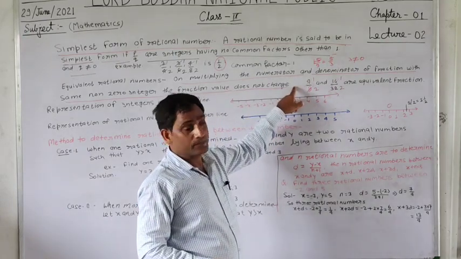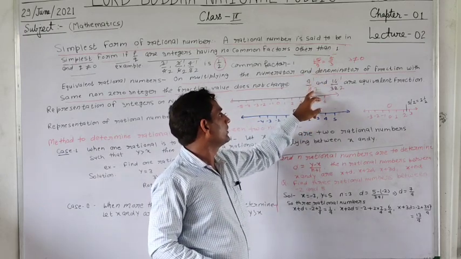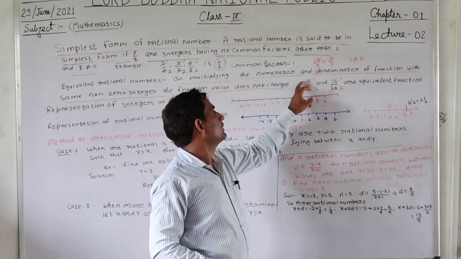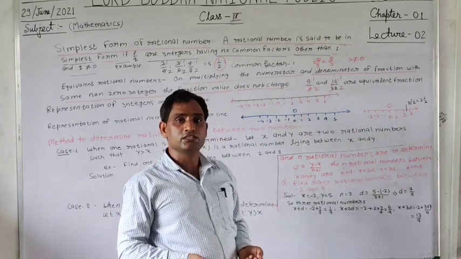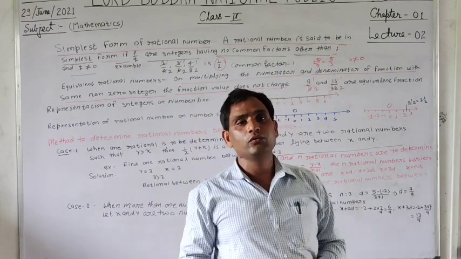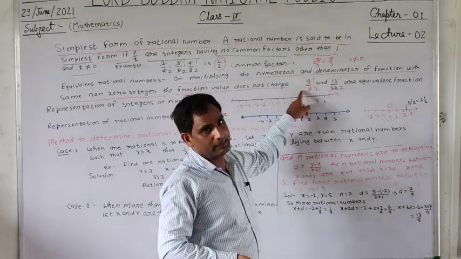For example, if we multiply by 8 to the numerator and denominator, then we find 4 eights are 32 and 8 eights are 64. The 32/64 is also equivalent to the rational number 4/8.